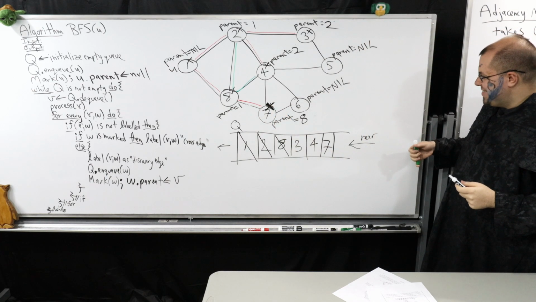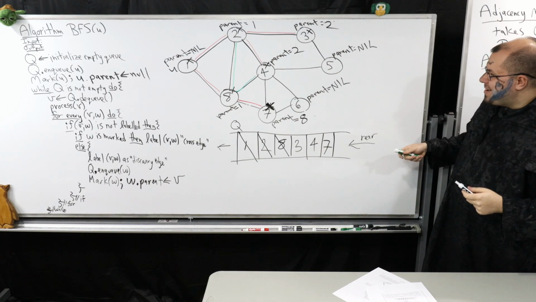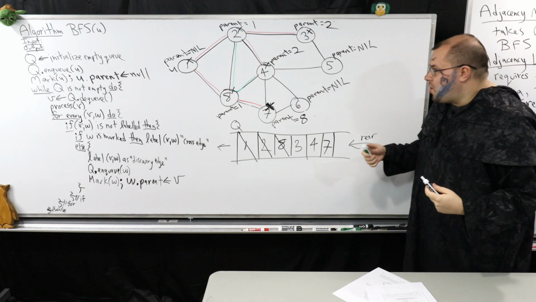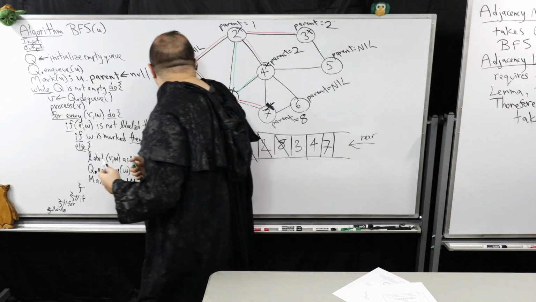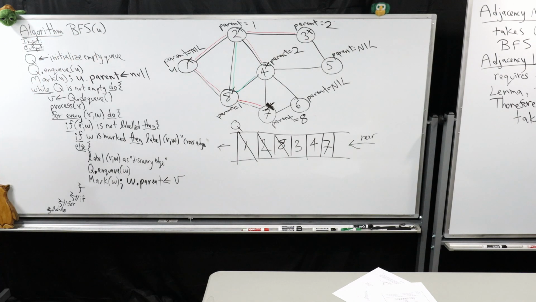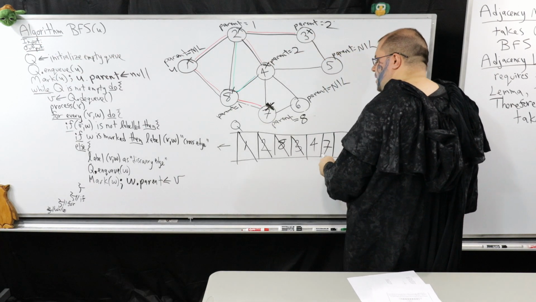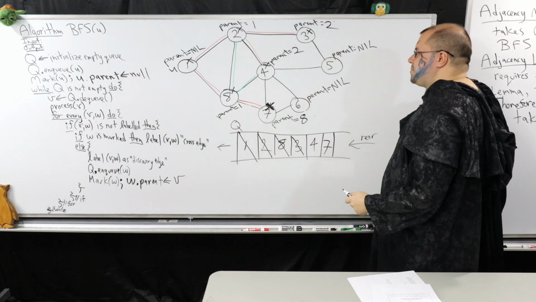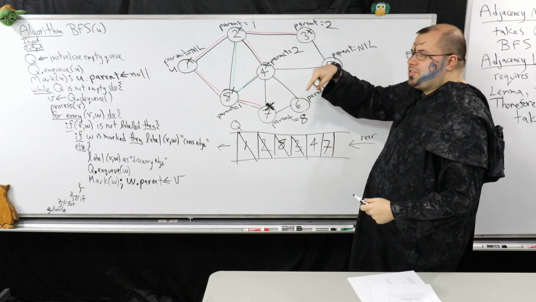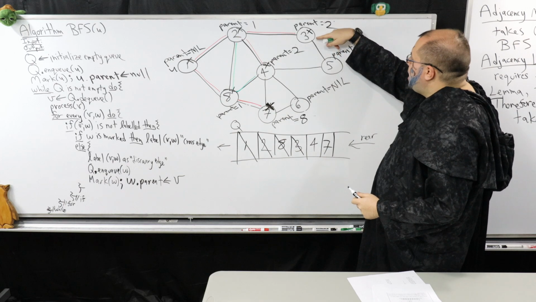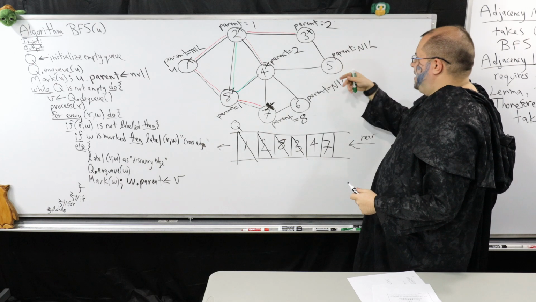So let's see. Now I've considered all the incident edges on 8, so I think we're done with 8. Let's proceed to the next vertex that's in the queue. I'm going to dequeue 3. Now we're going to look at 3. I've already labeled this edge, so I don't really have to worry about it. And then what I do is I look at this edge here.